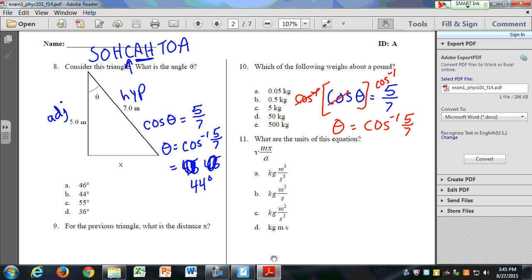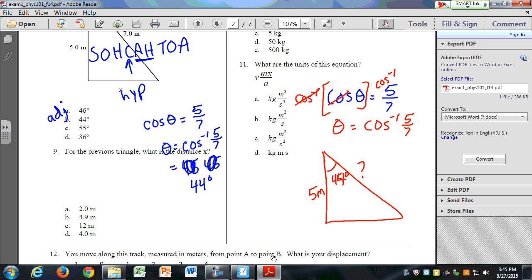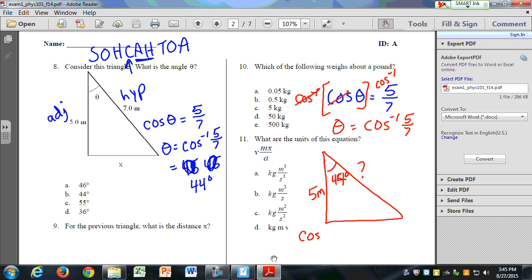Say for example, I had a triangle. I'll just use the one that we did. I know that this angle is 44 degrees and that this is 5 meters. And I ask you, what is the hypotenuse? Then I would say the cosine of 44 degrees is equal to 5 over the hypotenuse. And then I would solve that for h, the hypotenuse.